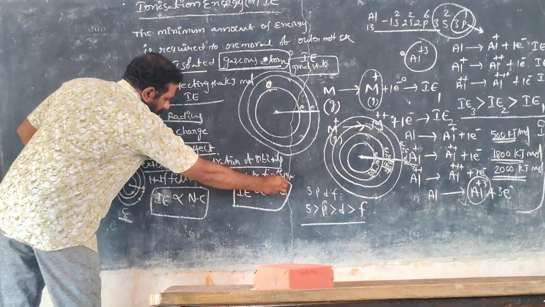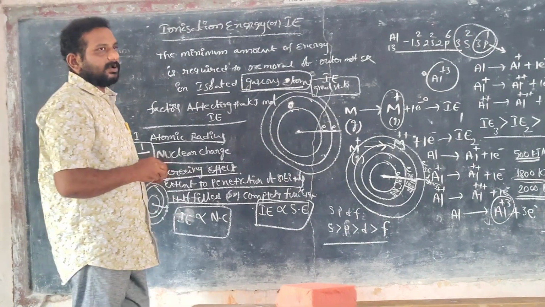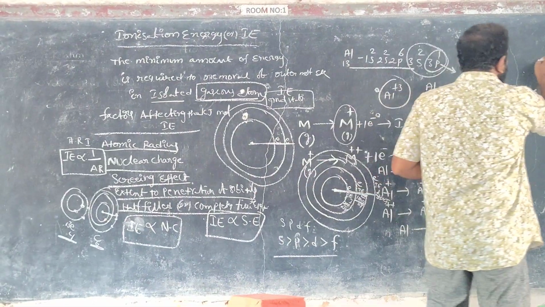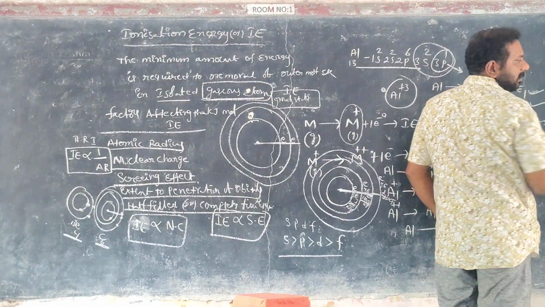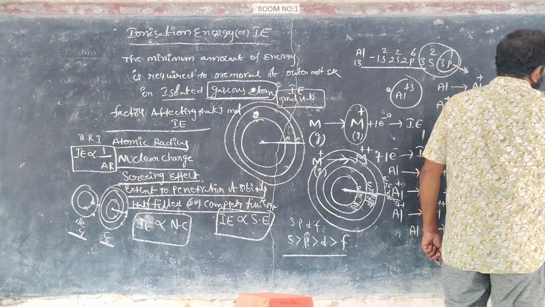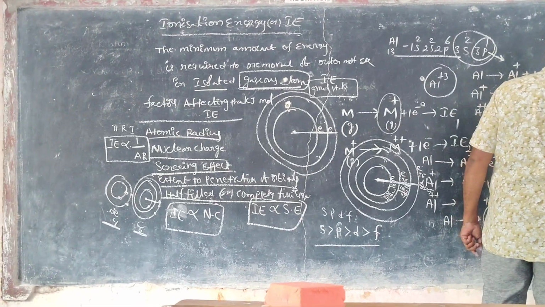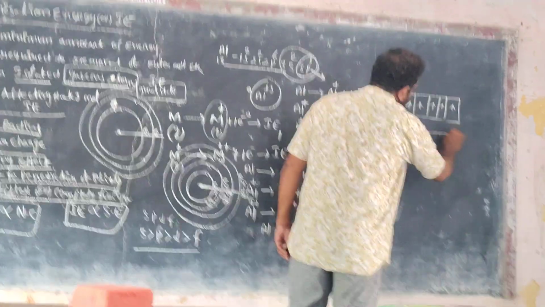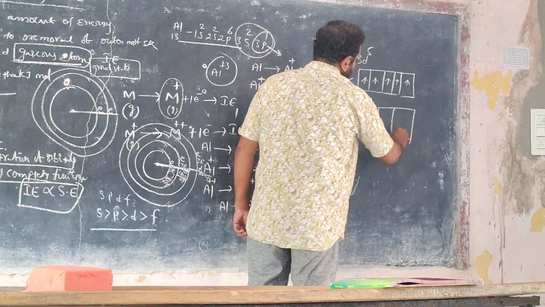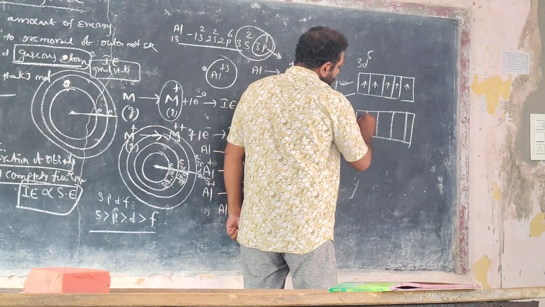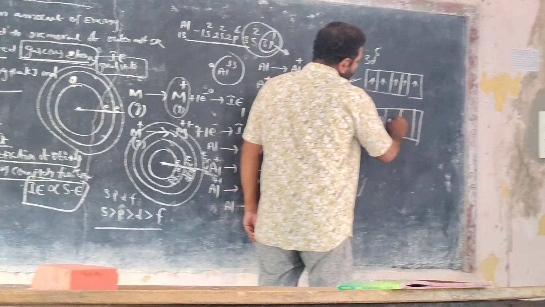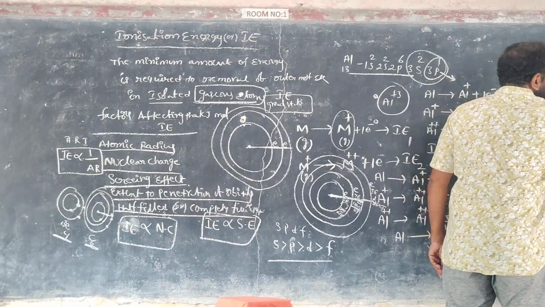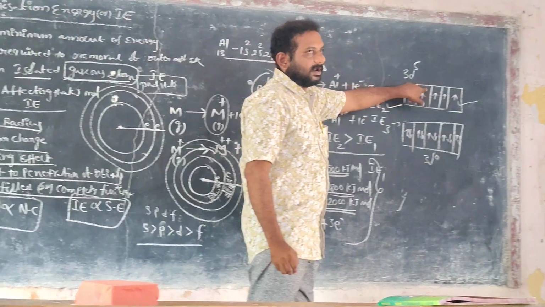Last one, half-filled and completely filled electrons in orbitals. Half-filled, for example, 3d5, chromium. Completely filled, 3d10, zinc. Half-filled means one electron in each orbital.